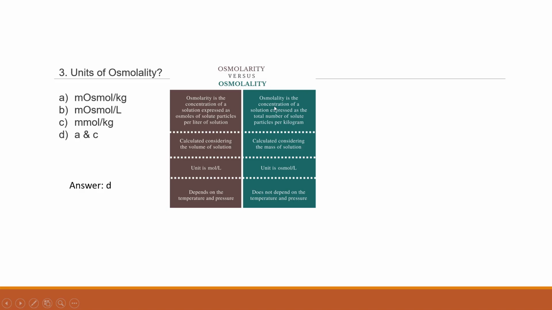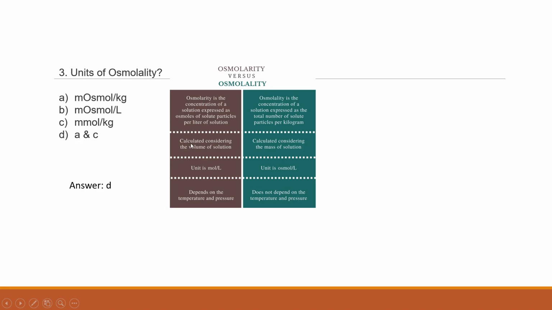So this is more accurate than osmolarity, but osmolarity is more convenient for you to calculate something or make a record of something. But if being accurate is your objective, then you should always go with osmolality. Why?